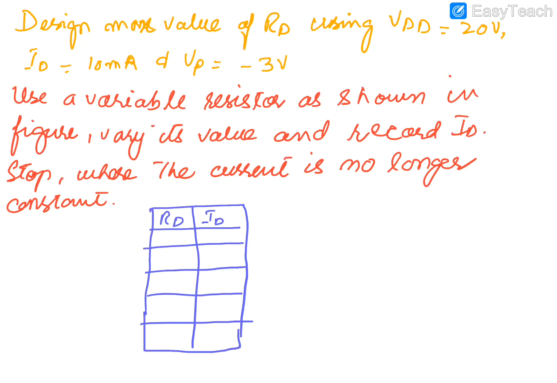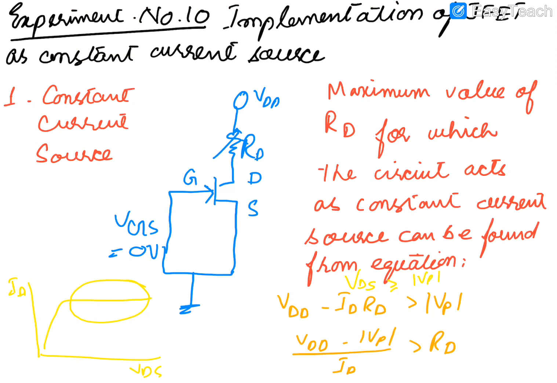So when you implement this circuit using Multisim, you will use a variable resistor. RD will be a variable resistor. The maximum value of RD can be found from this equation.